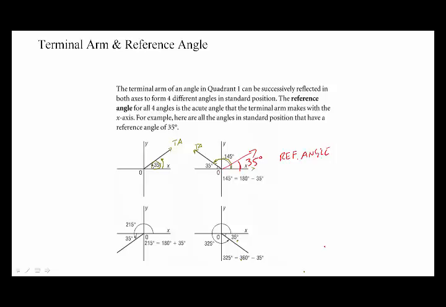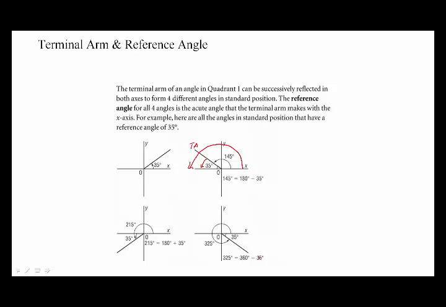The exact same description, just using different words, is the terminal arm to the nearest x-axis makes the reference angle. Well, what is all the way from here all the way to that x-axis?